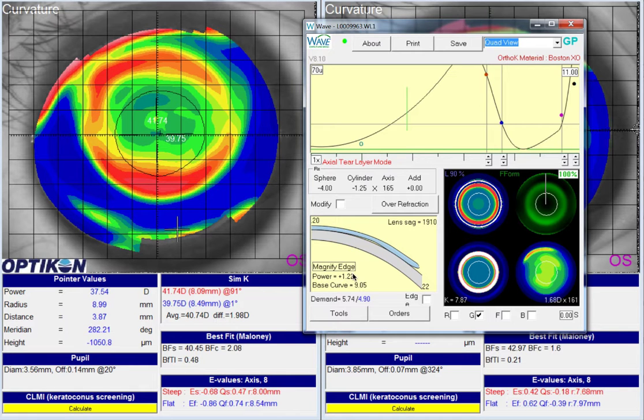And then the last thing I would do is 122 is probably okay for most -4 corneas, but it's kind of a flatter cornea to begin with, and we're undercorrected, so I would probably increase the power here to 150.